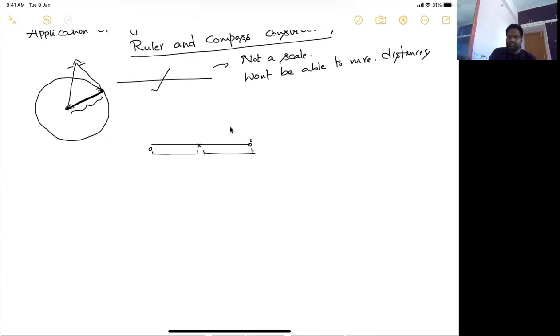So recall how you used to do that. You hold the compass here, take a distance more than half, and then draw an arc. Similarly, you draw an arc here, and then you join these two lines.